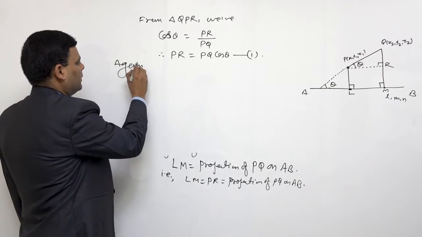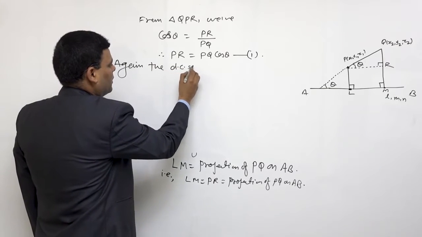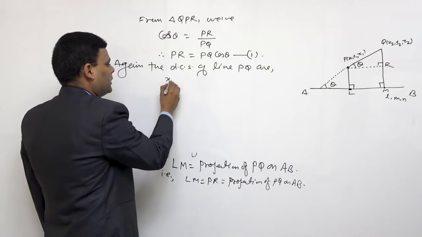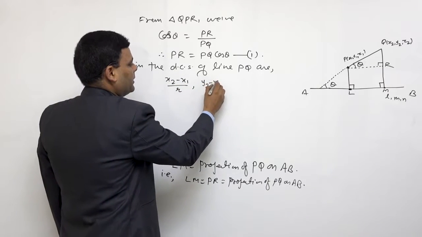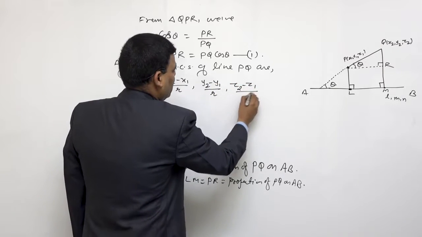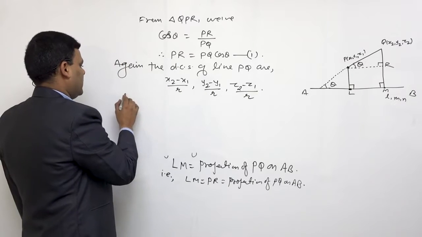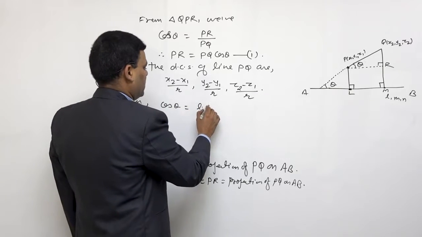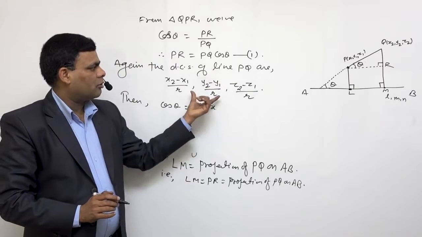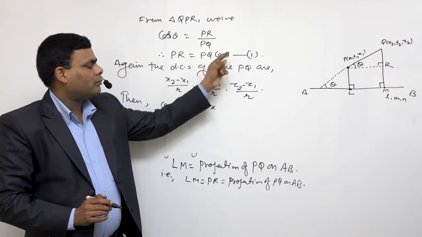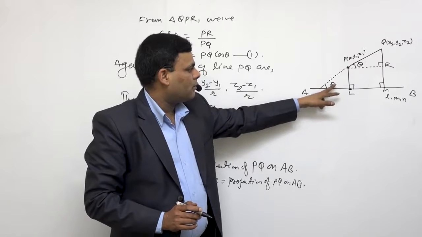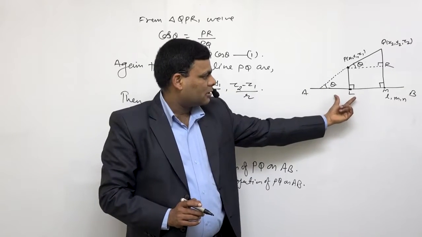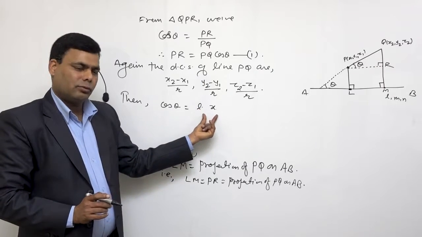Again, the direction cosines of line PQ are (x2 minus x1) by r, (y2 minus y1) by r, (z2 minus z1) by r. Now we have found the direction cosines of PQ, so let us find the value of cos theta. The angle between the two lines is theta, the angle PQ makes with AB. The direction cosines of AB are l, m, n, so we apply the formula cos theta equals l1 l2 plus m1 m2 plus n1 n2.